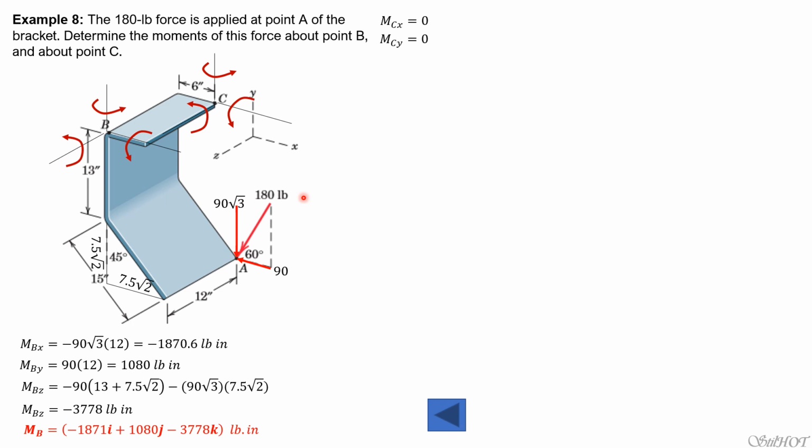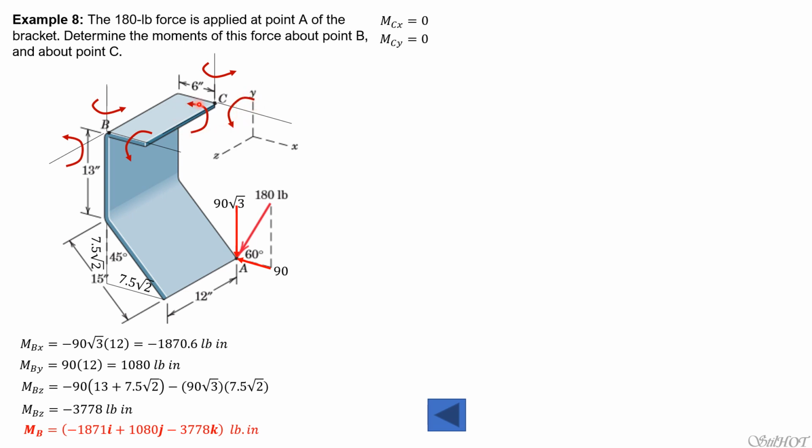So because the 90-pound force will rotate about the CZ axis and it will oppose this direction of moment, the 90-pound force will produce negative moment. Same is true with 90 square root of 3 because if you extend 90 square root of 3, it lies to the right of this edge here, CZ axis, so it's also opposing that moment.